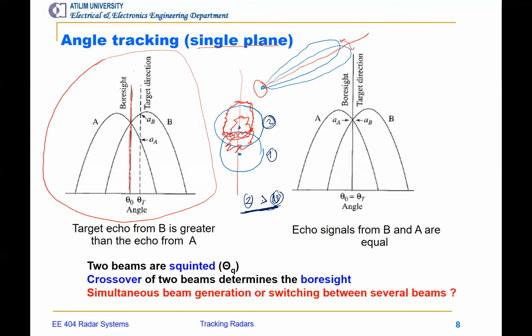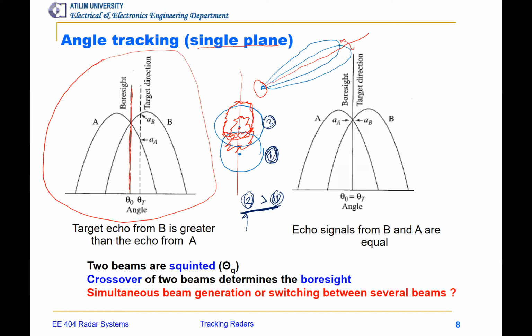Okay, this is simply a closed loop system. We measure the signal, get the difference. If the difference is high on the side of, let's say, beam 2, we move it up. If the signal coming from 1 is greater than 2, then you move it down. This is a single plane.